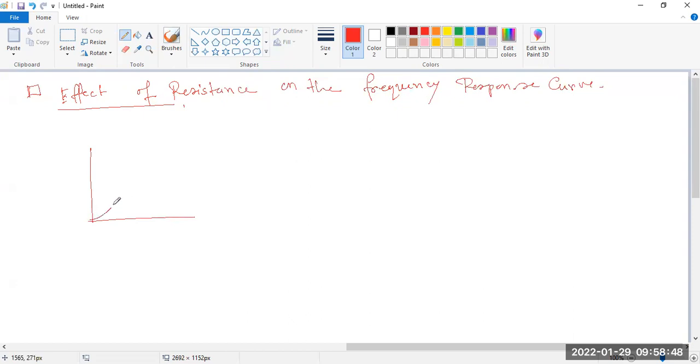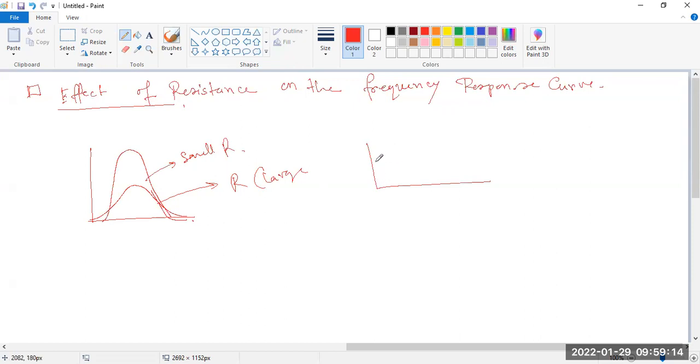This is the larger R. This is the smaller R. Okay.